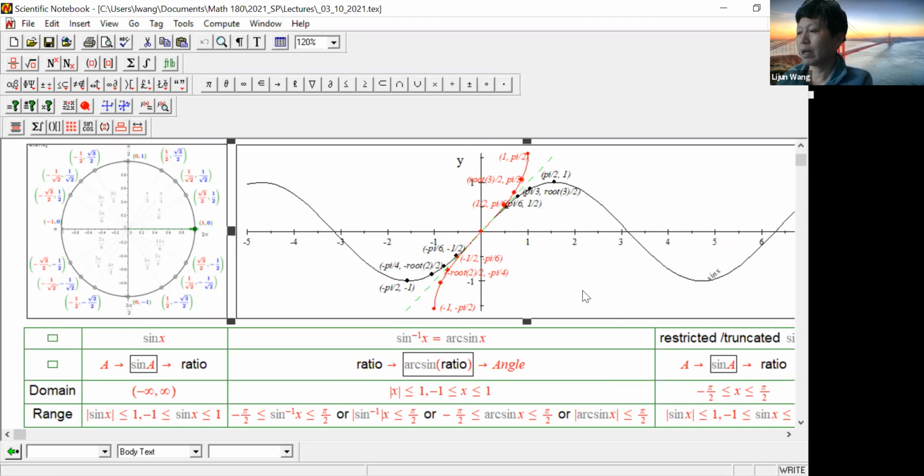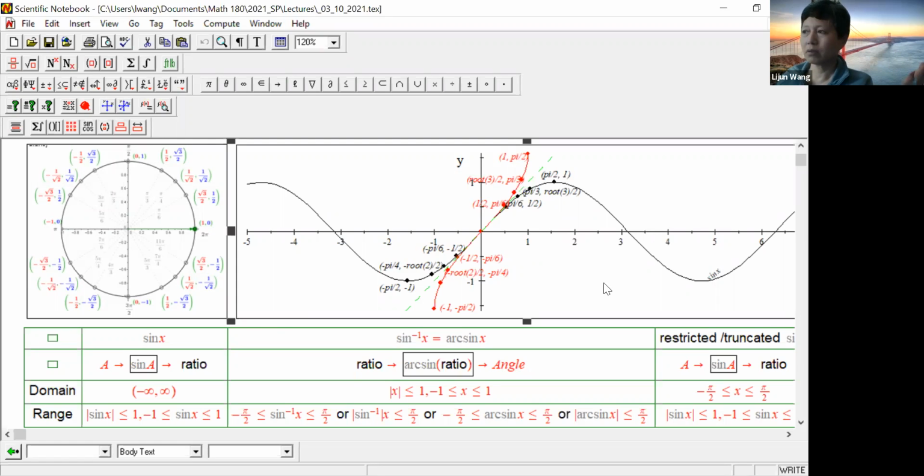Now you can see from the function perspective, the input is what? The input is horizontal. The output is vertical. That has never changed since elementary algebra, since you were first introduced to the Cartesian or rectangular system.